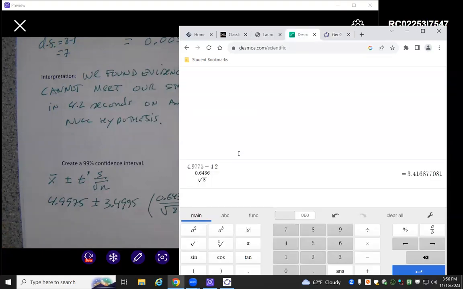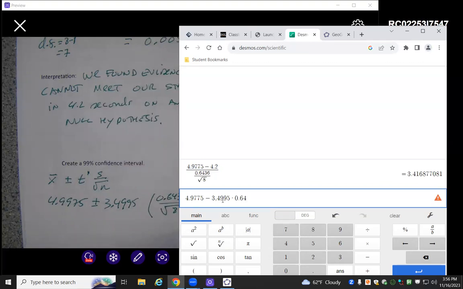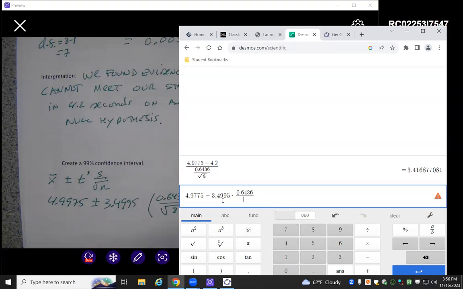Well, I'm going to dump it into decimals. So I got that minus 3.4995 times 0.6436 divided by square root of 8.